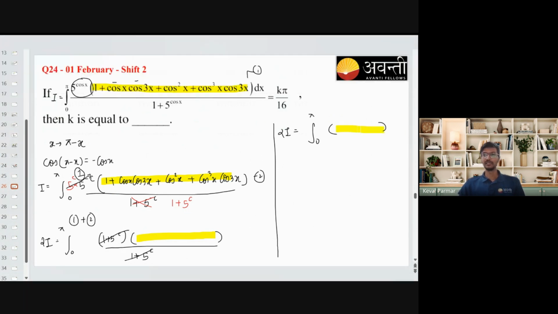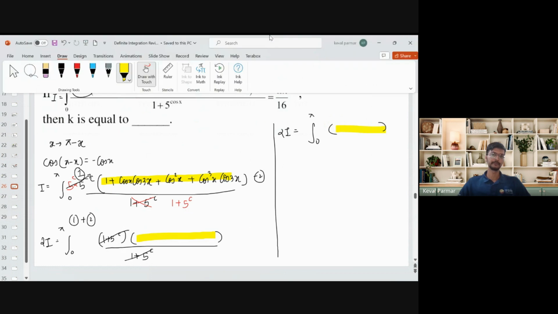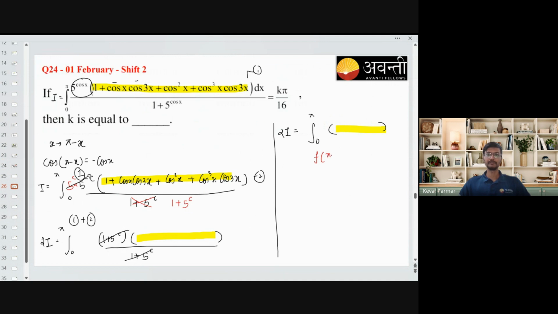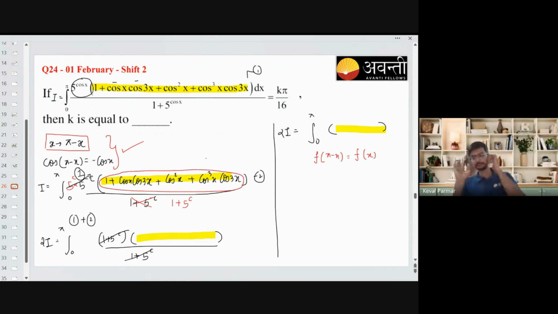Now here we can use the Queen's property. What does Queen's property say, guys? It says that we can halve the limit if f of pi minus x is equal to f of x. Here we already saw that if we replace x by pi minus x, this yellow highlighted value remains the same.